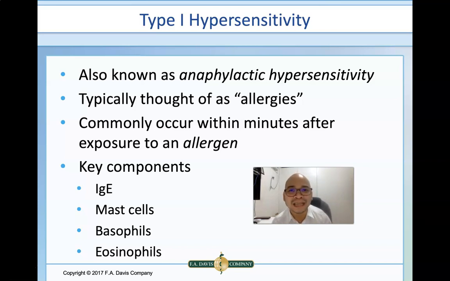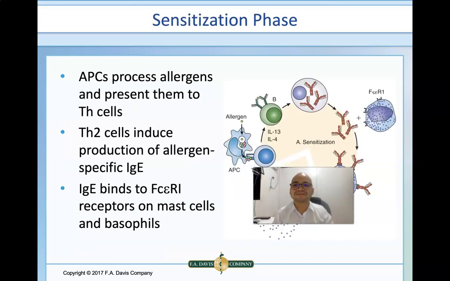Since it is an antibody-mediated response, IgE is the main immunoglobulin involved. Aside from that, mast cells, basophils, and eosinophils also play an important role. If you can recall what you have learned in Hematology 1, an increase in basophils and eosinophils may be reflective of allergic reaction.